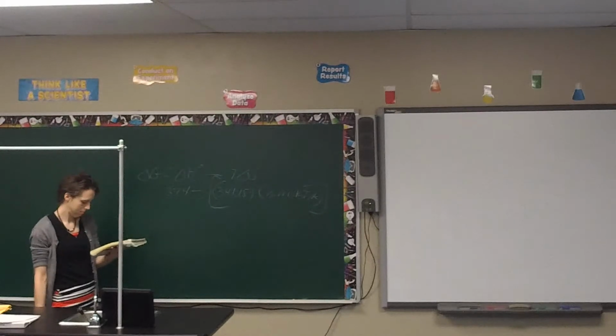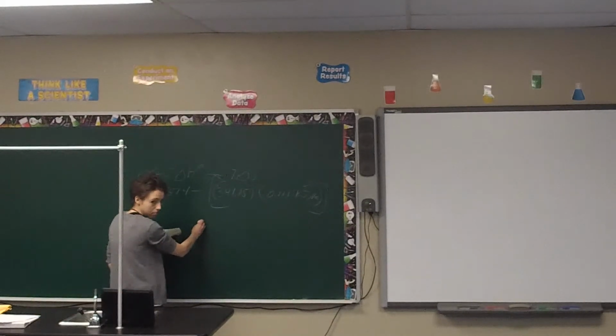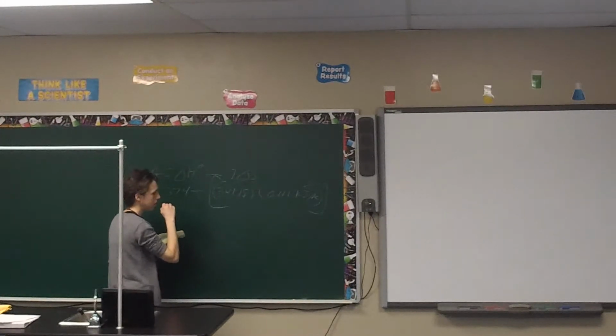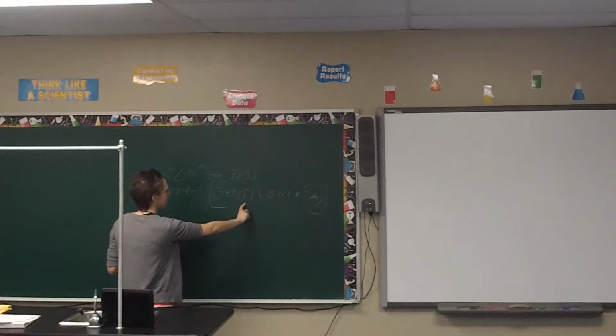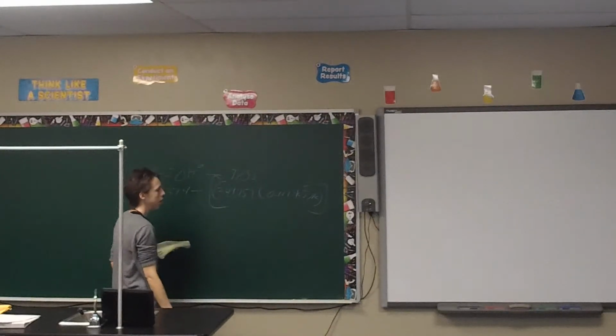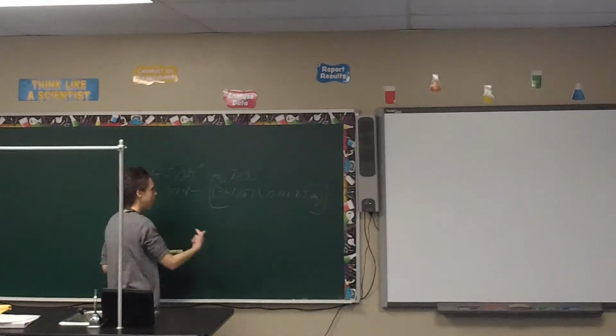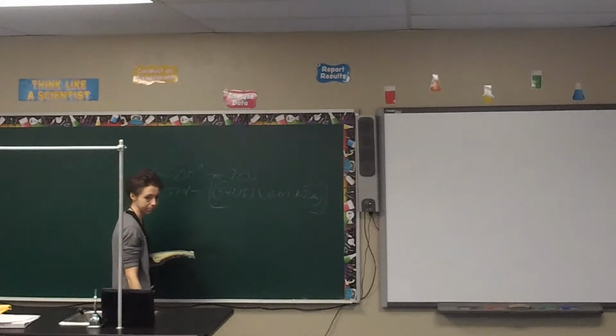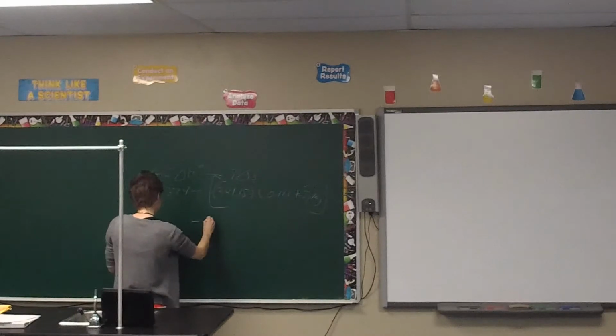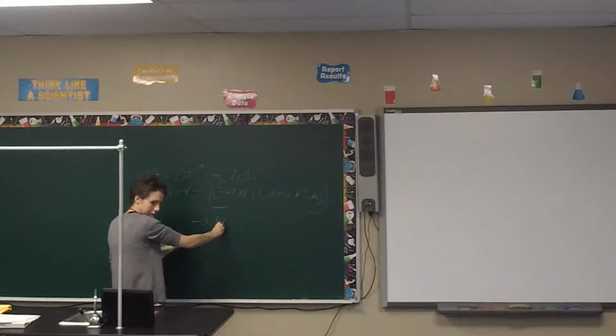Like the whole thing? Yeah, so 341.15 times 0.111, and then subtract that from 37.4. Negative 0.4. Is that all you got?